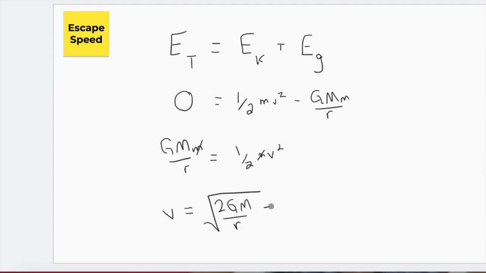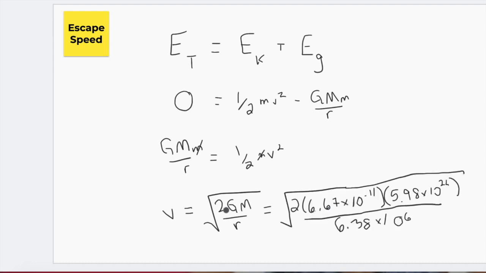If you go look up those numbers, you can actually calculate it. You put all those in, you get your calculator, and you get 1.12 times 10 to the 4 meters per second.